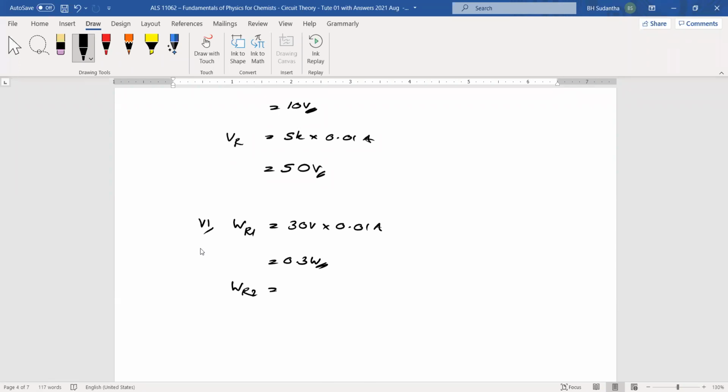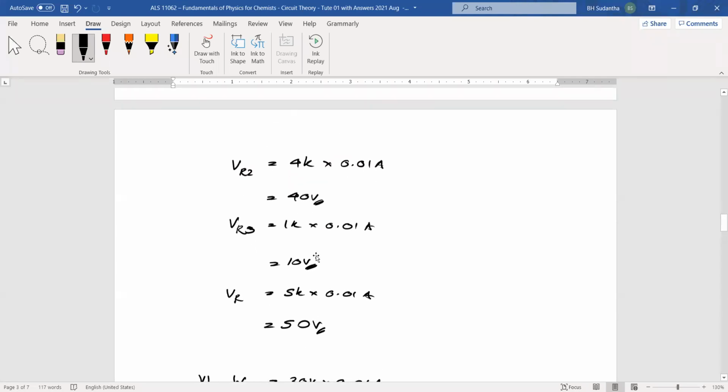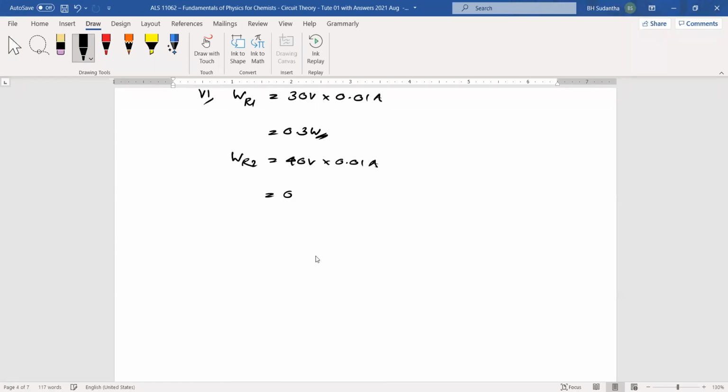WR2, 40 volts into 0.01, 0.4 watts. WR3, 10 volts into 0.01 ampere, 0.1 watt. And WR, this is 50 volts into 0.01, 0.5 watt.